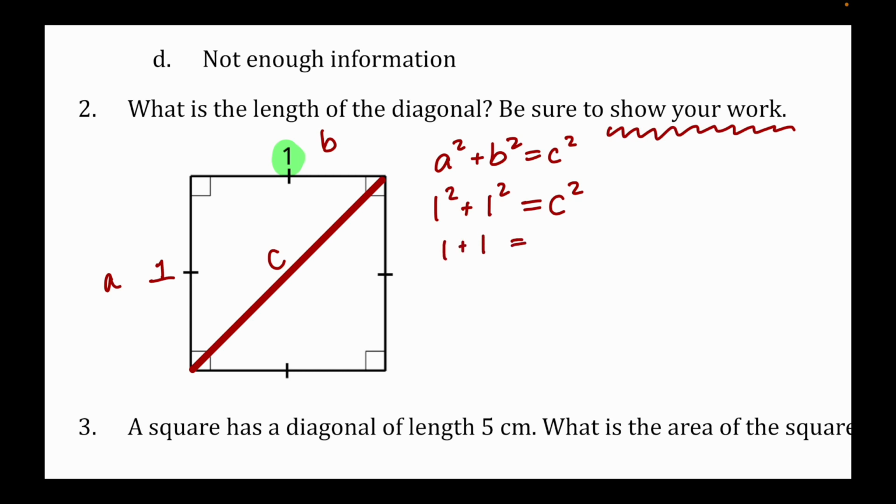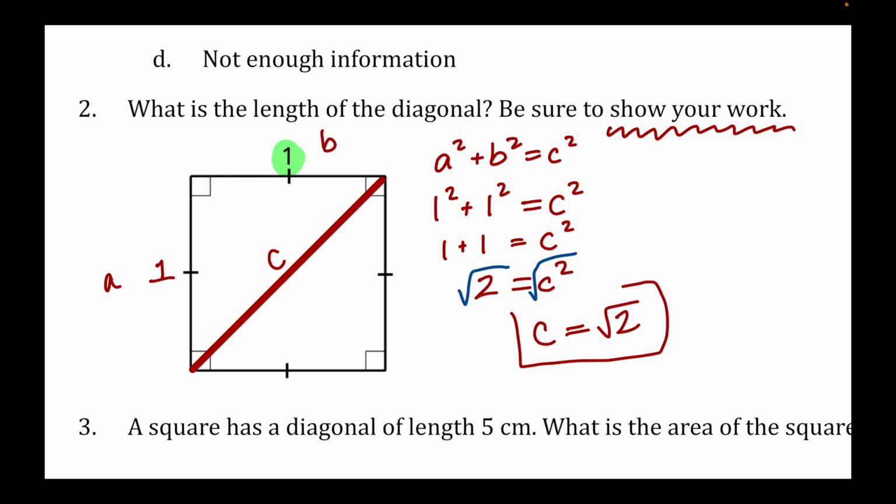So that becomes 1 plus 1, which means we have 2 equal to c squared. And I just want to find c. So our step here would then be to take the square root, which means the only thing left here would be c, and we cannot simplify the square root of 2, so our answer would just be that the diagonal is essentially 1 times the square root of 2.